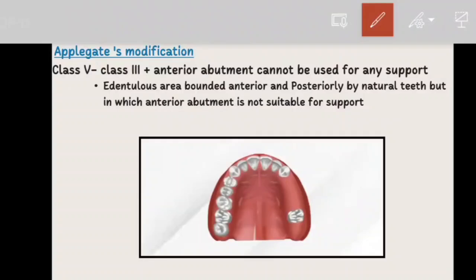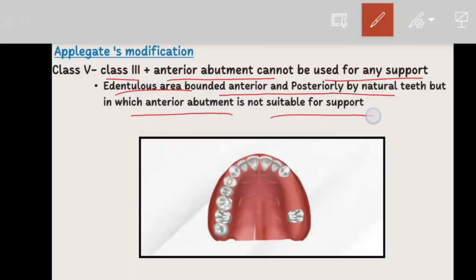Now Applegate modification, which is the additional classes. Class 5 is similar to class 3, where the anterior abutment cannot be used for support. The edentulous area is bounded anteriorly and posteriorly by natural teeth, but the anterior abutment is not suitable for support.